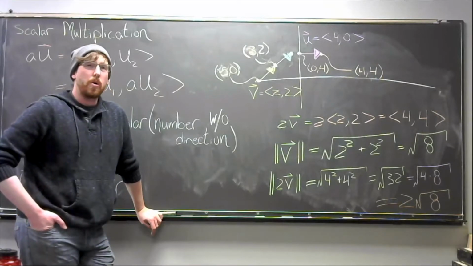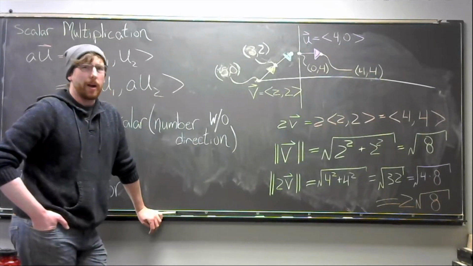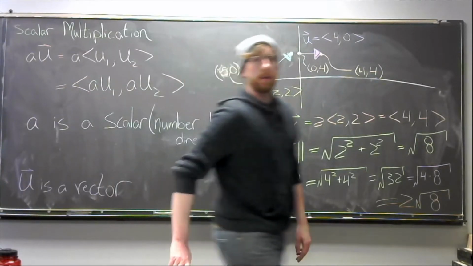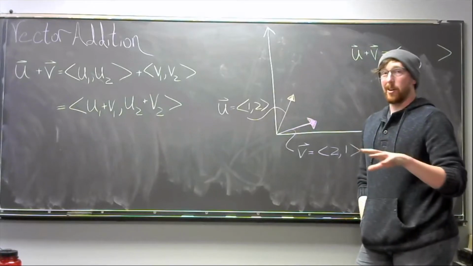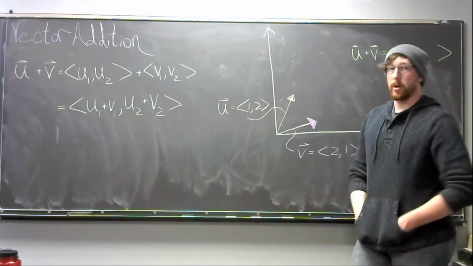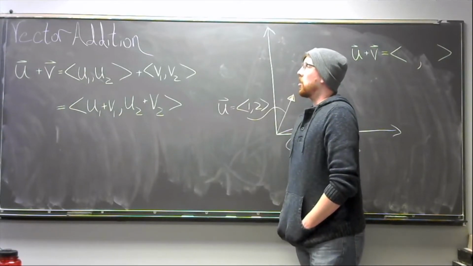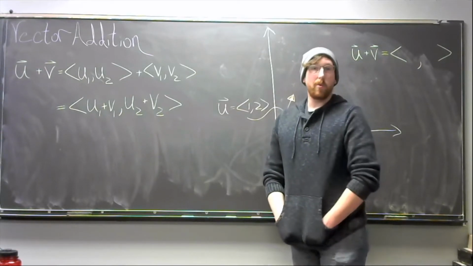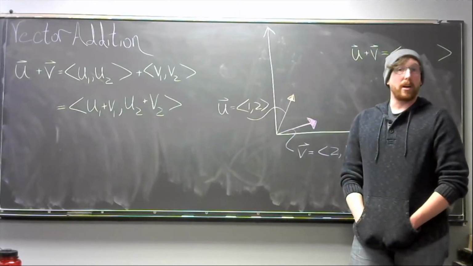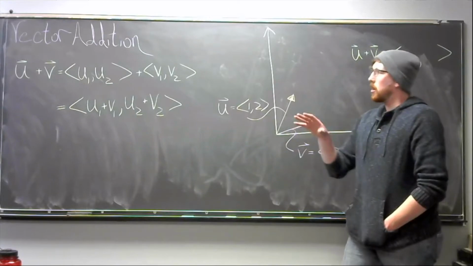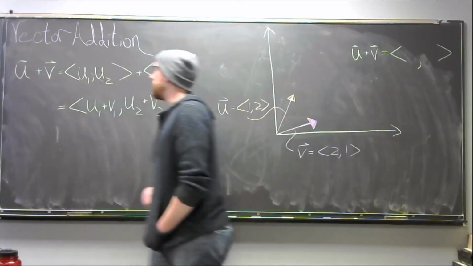Well, what about adding vectors? Let's look at how we add vectors. So I personally think vector addition is a little bit more straightforward. The reason why is because all you gotta do when you're adding 2 vectors together is add them together component by component. So what do I mean? Let's say we've got the vector u and the vector v.